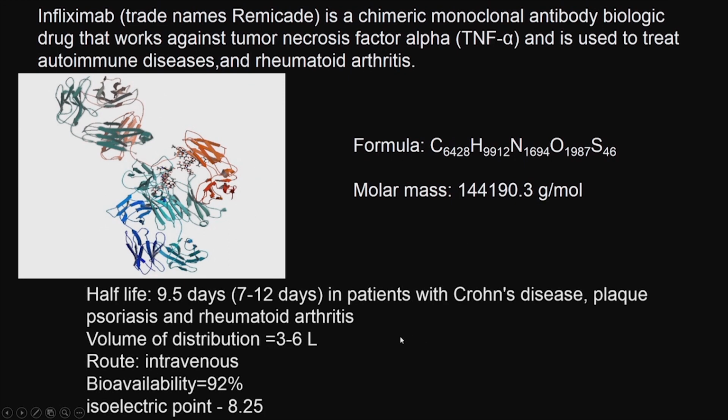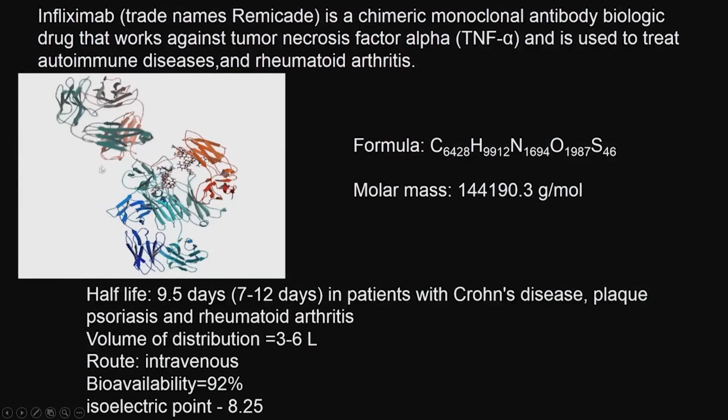So obviously it is given intravenously. Bioavailability is excellent, 92%, because it is given intravenously. There is no problem about crossing the GI tract, pH stability, all those things. Volume of distribution is 3 to 6 liters. So it is a very low volume, and obviously the concentration in the blood plasma will be very high.